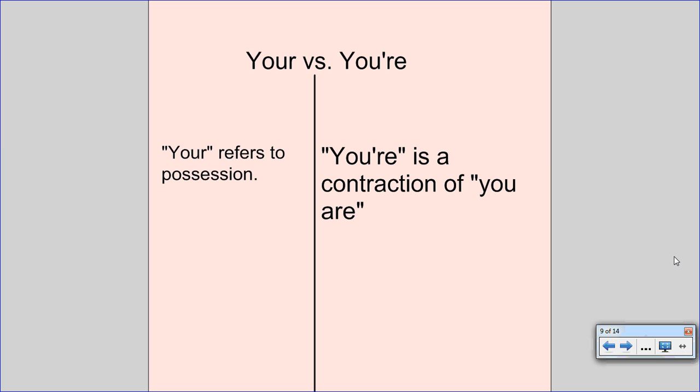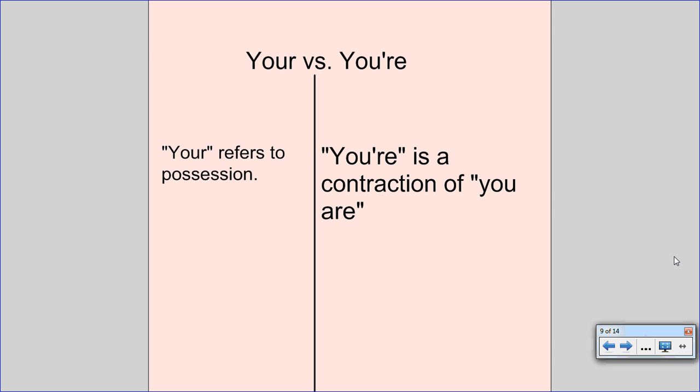All right, your and you're. Another very straightforward kind of rule that we see mixed up all the time. Your without the apostrophe means possession. It's your shoes. They are your shoes. It's your dog, your TV, things like that.